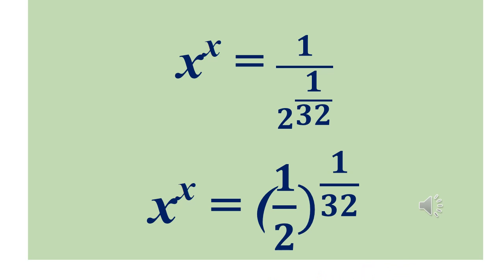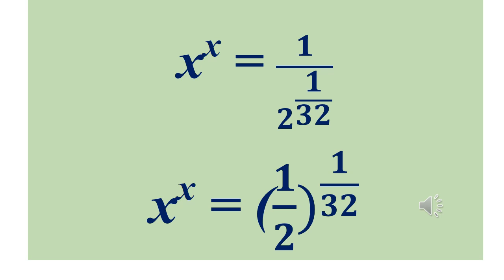What we do next is simplify further the right side of the question. We have x raised to power x equals 1 over 2 raised to power 1 over 32, because 1 raised to power 1 over 32 will still give us 1.